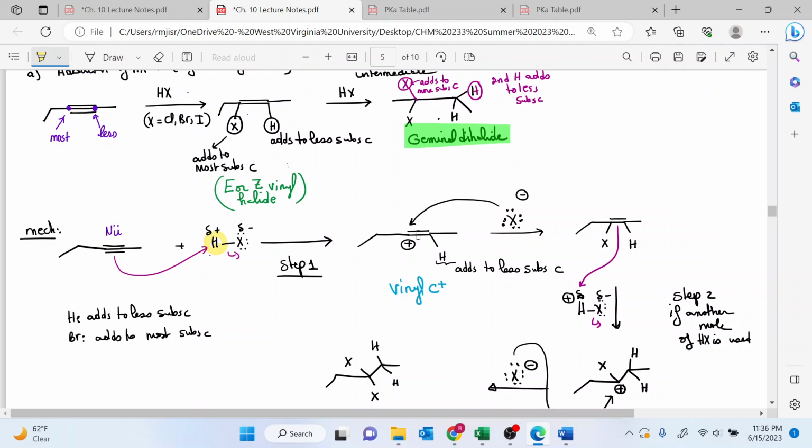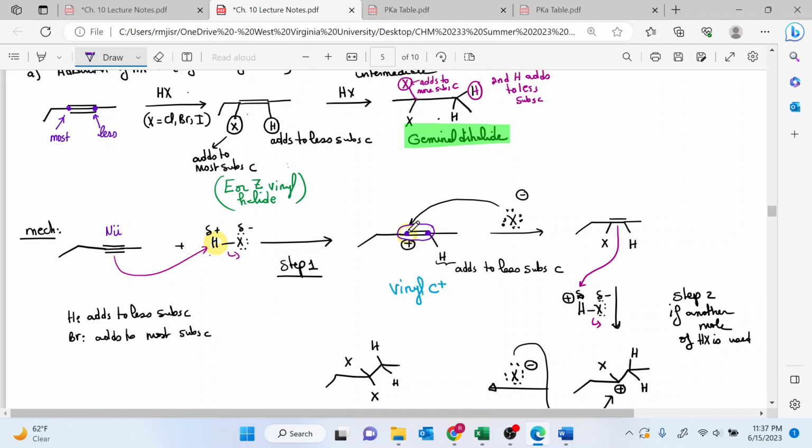So you're going to end up getting the hydrogen on the less substituted carbon and the positive charge on the most substituted carbon. My intermediate here is going to be my carbocation that is on the alkene, which we call a vinylic carbocation. I'm not done with my first step because now X is going to be in the solution. So now X is going to come and attack that plus charge.